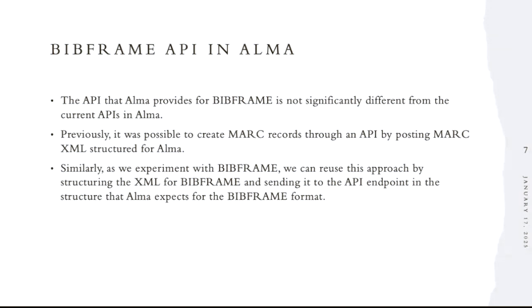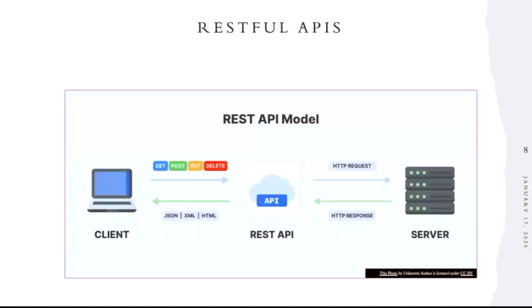So as we look at experimenting with BibFrame, we can reuse this approach by structuring XML for BibFrame, sending it to the API in the structure that Alma expects for the BibFrame format. And that structure is not overly complicated, but a detailed read through of their API description is in order. I helped test that, so I'm familiar with what their API is expecting.